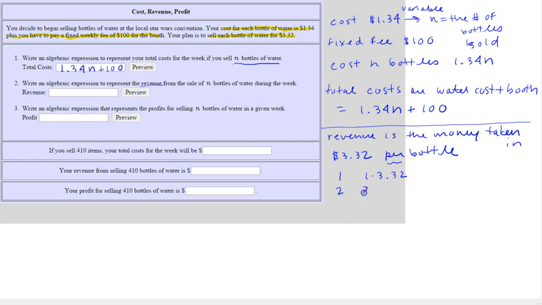If you sold 2 bottles, it'd be 2 times $3.32. And if you sold N bottles, it would be N times $3.32, which we like to write as $3.32N. So this represents our revenue: $3.32 times the number of bottles you sell.